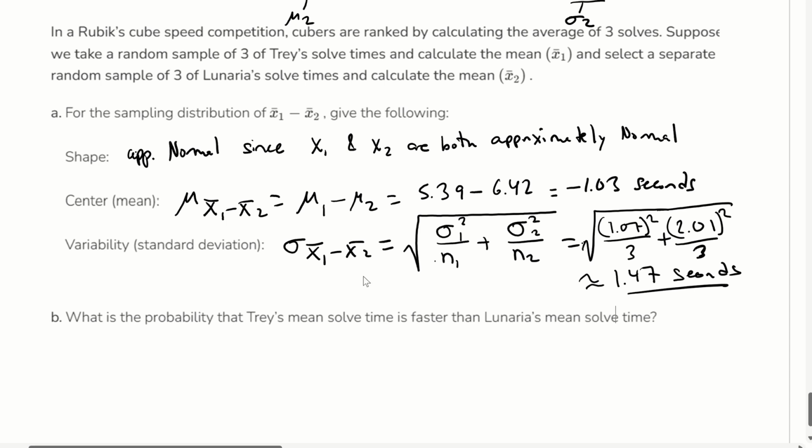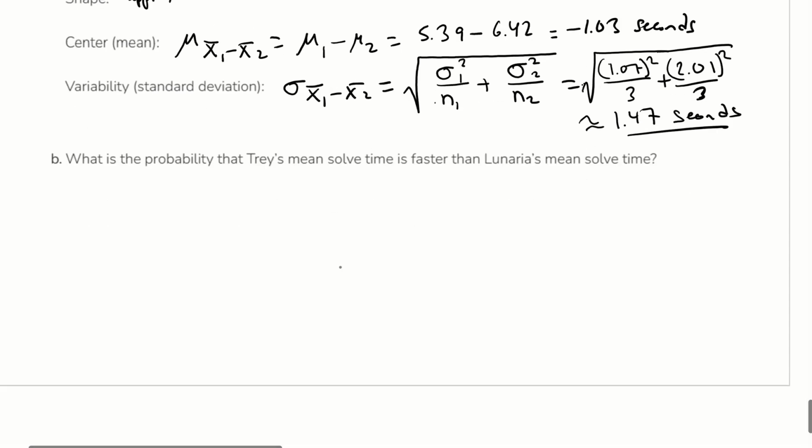All right, part B: what is the probability that Trey's mean solve time is faster than Lunaria's solve time? So the probability that x bar 1 minus x bar 2... Now, if Trey is faster, that means x bar 1 is smaller, right? Smaller time means faster.